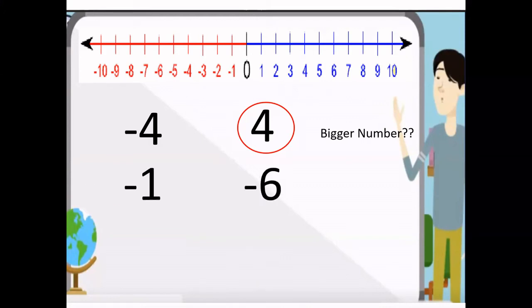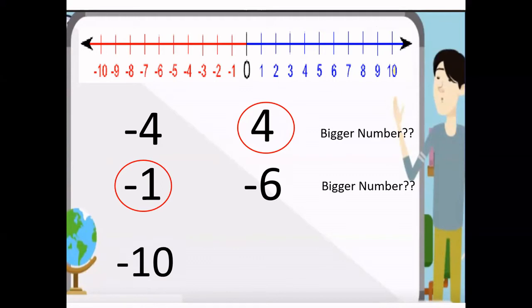-1 and -6. Which do you think is the bigger number? Again, numbers that are found on the right side become bigger and bigger. So which one is the bigger number? Yes, it is -1, because it is found on the right side of -6.